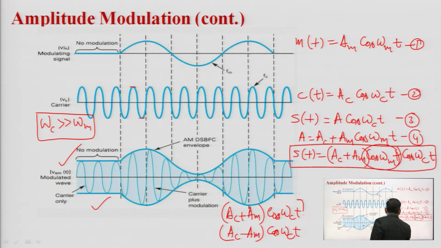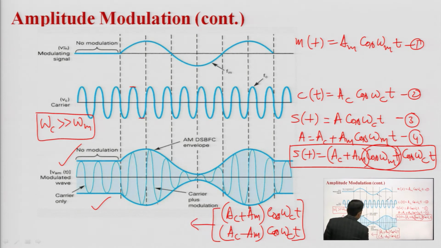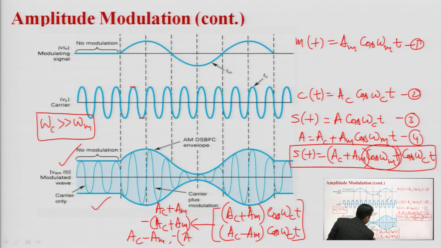From these two equations we can achieve 4 factors. First is Ac plus Am, second is minus of Ac plus Am, and from the second one we achieve Ac minus Am and negative of Ac minus Am. In this particular region, we can observe that no signal is present, no message.